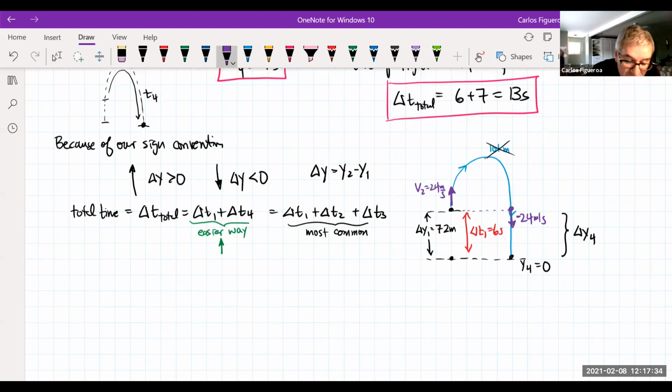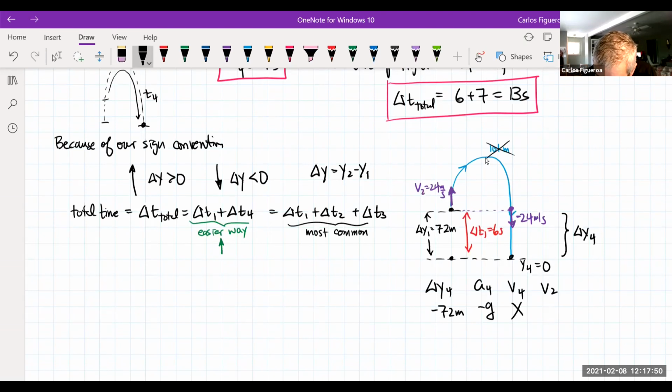So I could have also solved this problem by saying that this thing moves 72 meters. My acceleration is minus g. This final speed we don't know. And this initial speed could have been 24 meters per second, because it's now pointing in the negative direction.